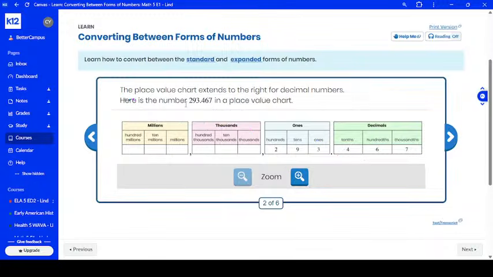The place value chart extends to the right for decimal numbers. Here's the number 293 and 467 thousandths.